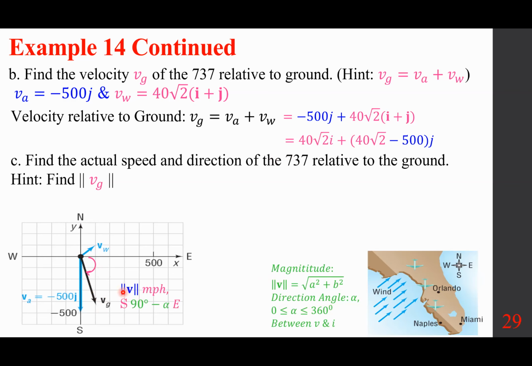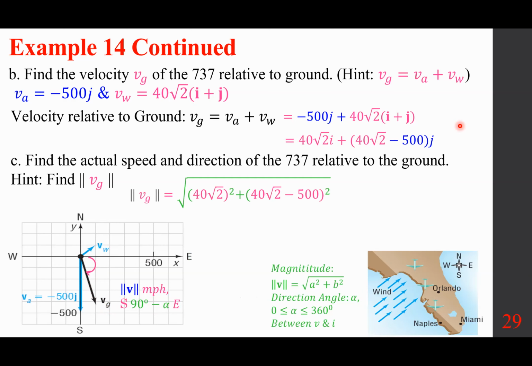It is going in the southeast direction, and this is the angle, 90 minus alpha. That's what we are looking for. We know it's southeast, but we need this angle, and the reason we can calculate it is because we have the components.